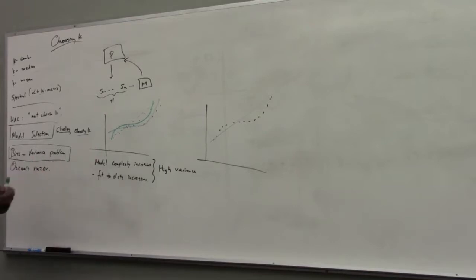Is there any problem with them? Sorry? Yeah. What's the problem with them? I mean, maybe there's no problem. That's why we should always use linear classifiers. But is there a problem? They're not as good at predicting. Why not?